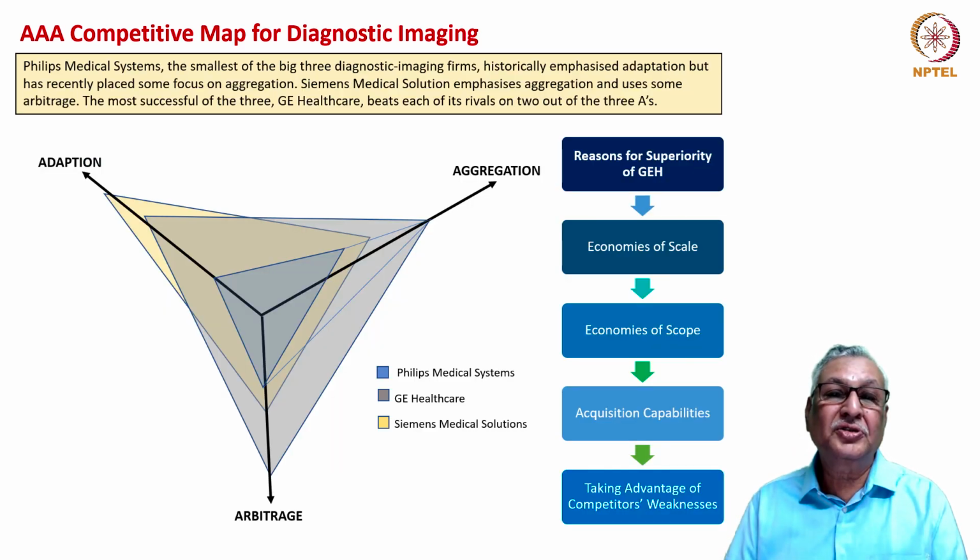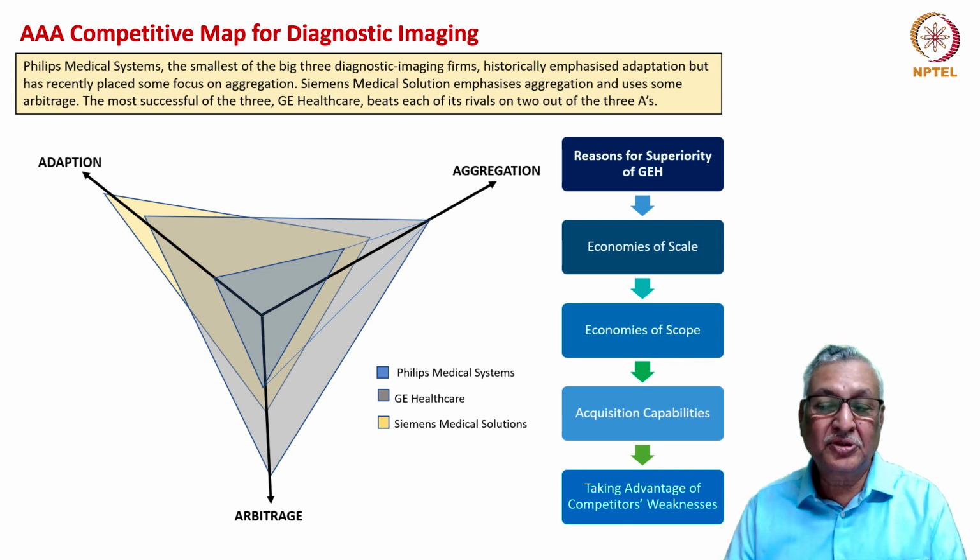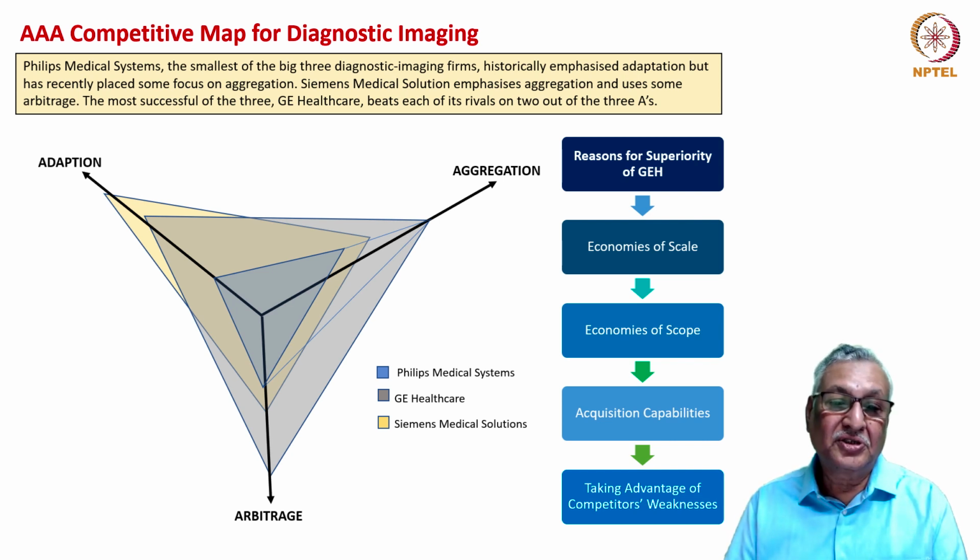In respect of diagnostic imaging, we can do a competitive map in the AAA framework. Philips Medical Systems, GE Healthcare, and Siemens Medical Solutions are compared here. In respect of the three colors, you see blue as Philips, indigo as GE, and yellow or brownish yellow as Siemens.